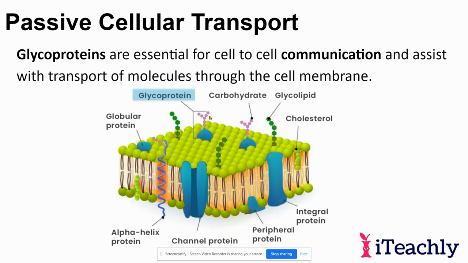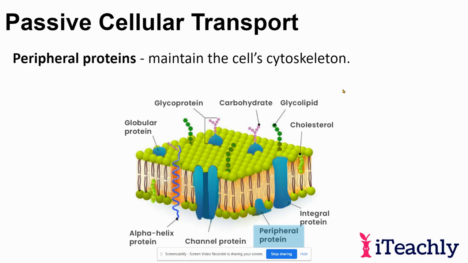Each one is different, and they communicate differently depending on how they're built and how they're branched. So there's all kinds of different glycoproteins and all kinds of different glycolipids. This is just a class of these, but there's all kinds of different ones in your cells, and depending on what cell you have determines how many and what kind of glycoproteins and glycolipids you have.